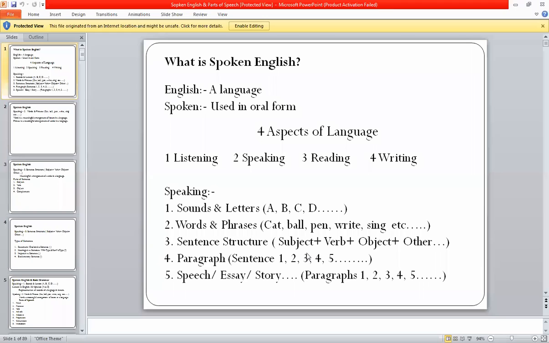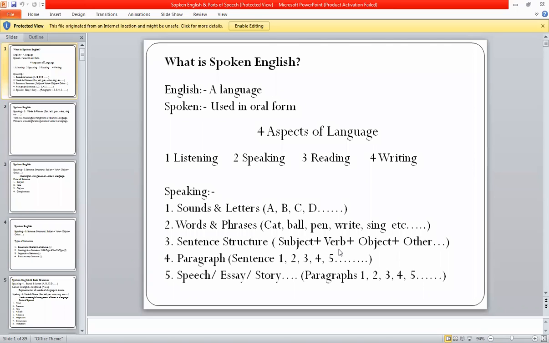So sentence structure is made up of parts of speech, and we can use any parts of speech at any position, but there are some rules. Rules are there for sentence construction or sentence structure.